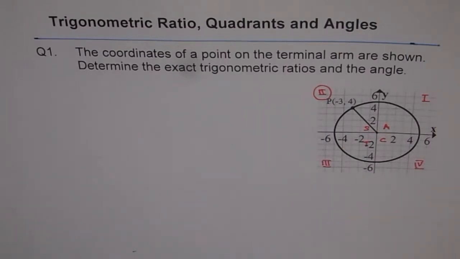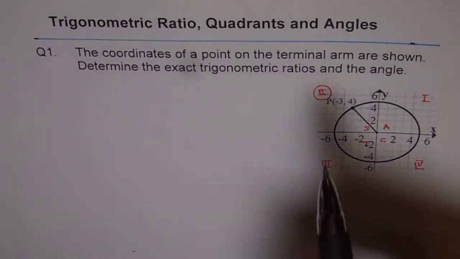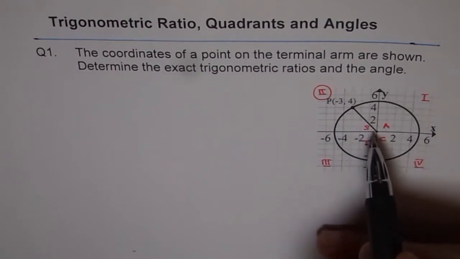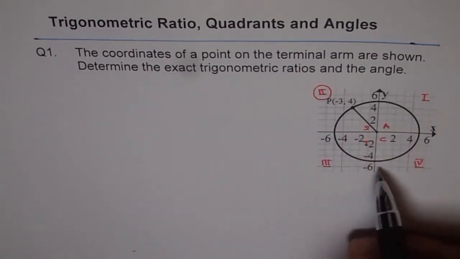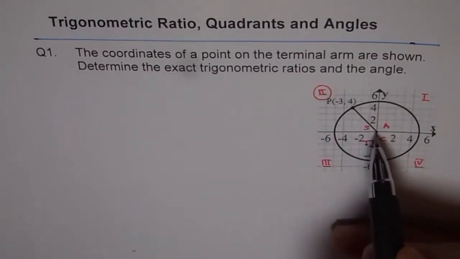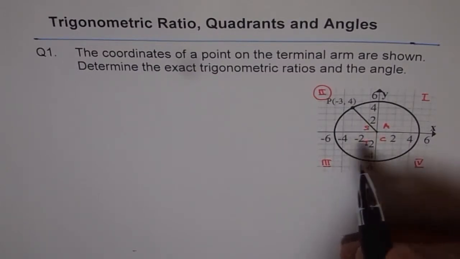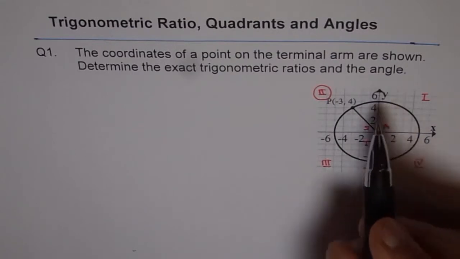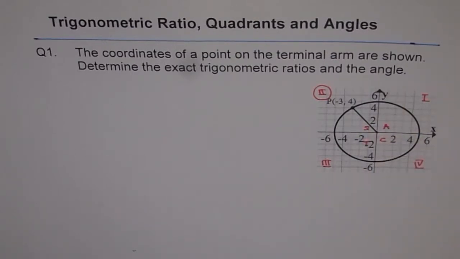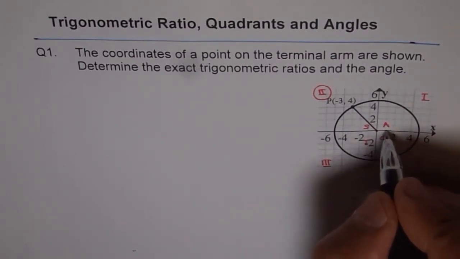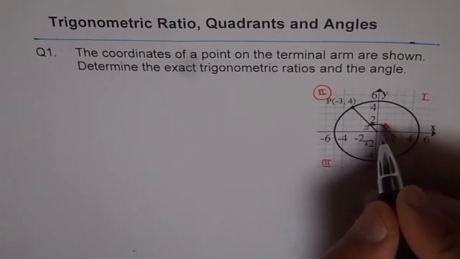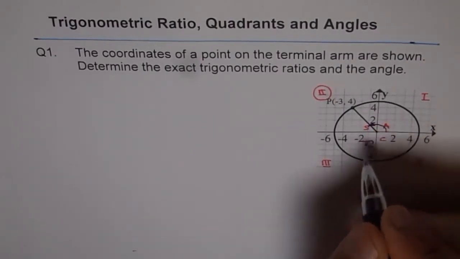Now to find the trigonometric ratios, we need x, y and r, the radius of the circle, or the length of the terminal arm. That is a must, so we need to find that. Second, to find the angle, we want the principal angle, from the x-axis to the terminal arm.